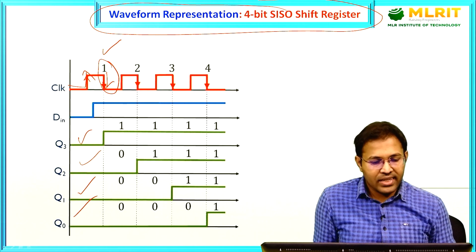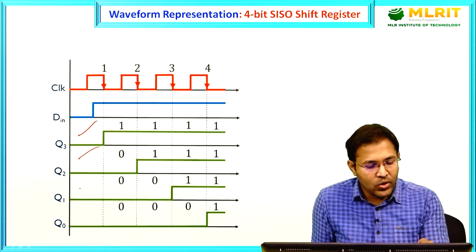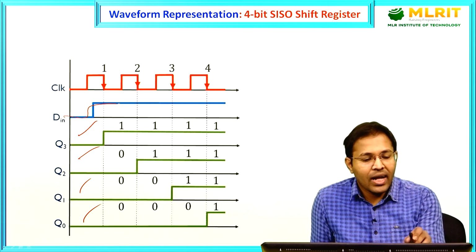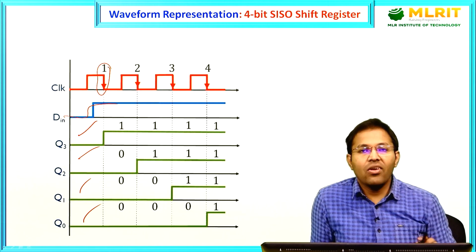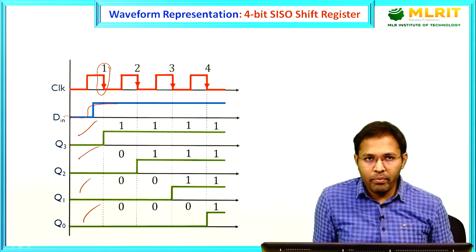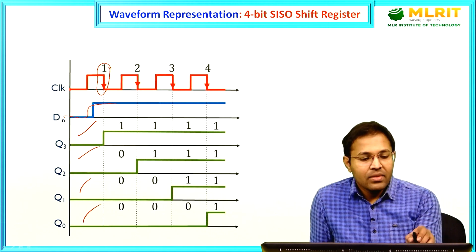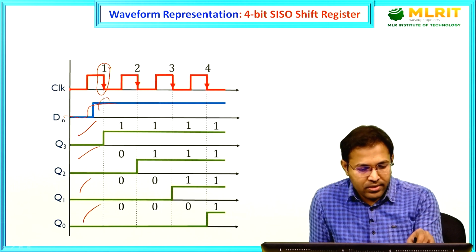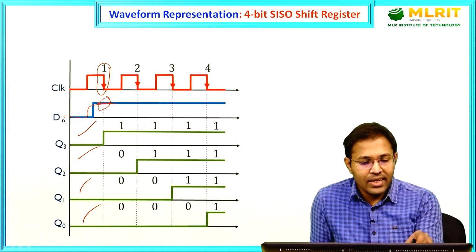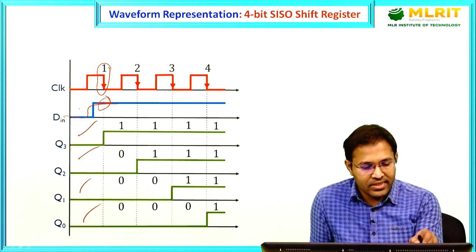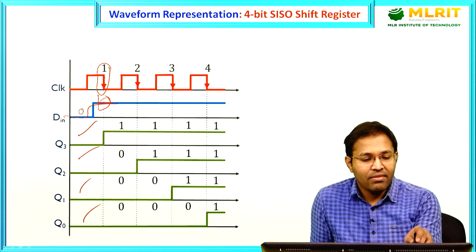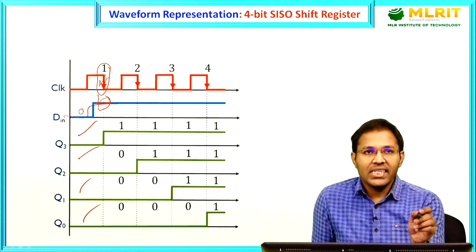Initially we have all Q3, Q2, Q1, Q0 zeros. Now the input should come before the arrival of the falling clock pulse. Here the input is changing from 0 to 1, and then we have a falling edge.